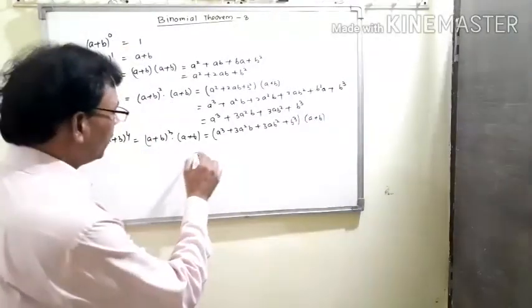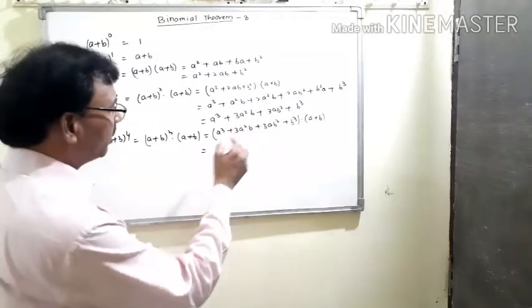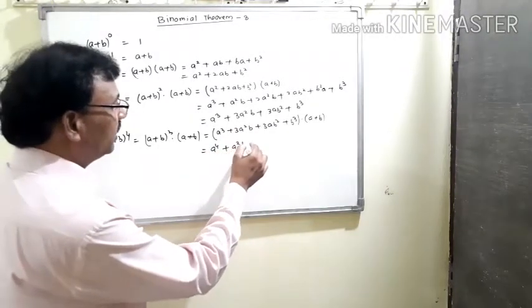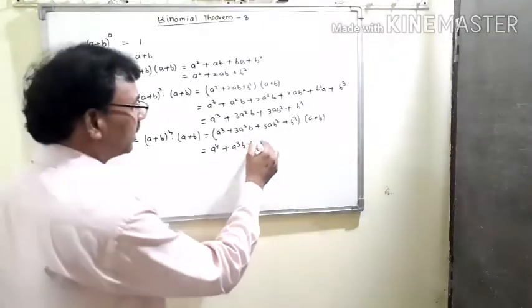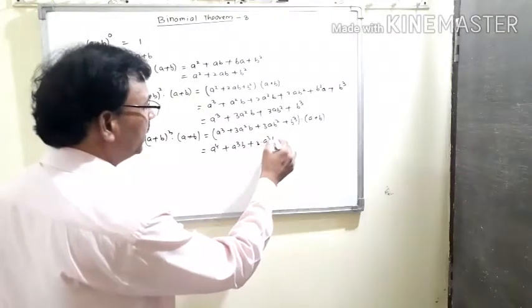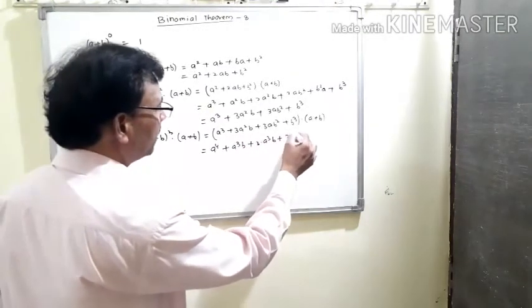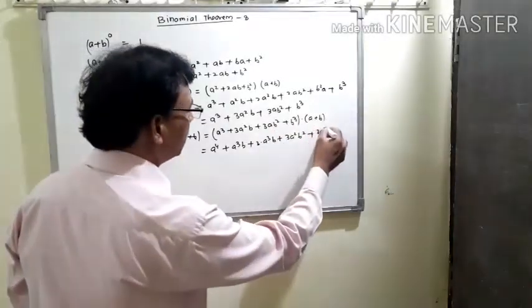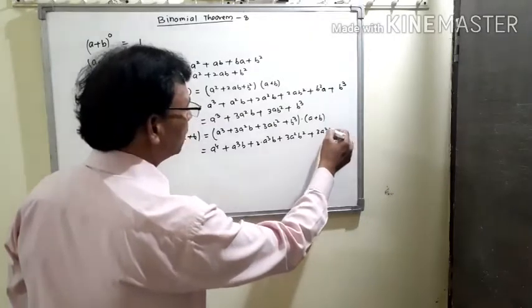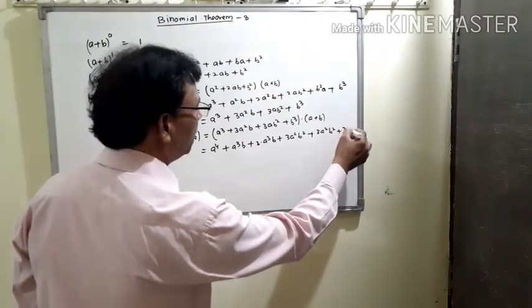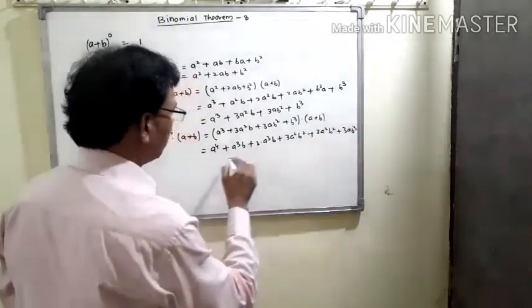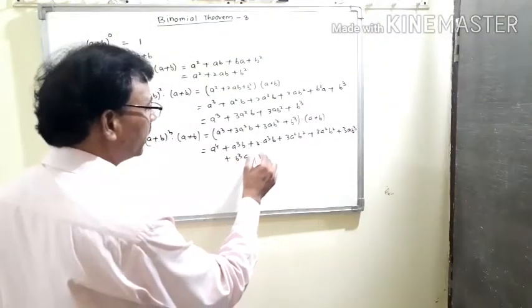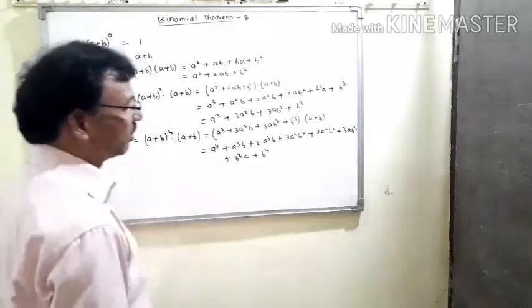Now if you multiply this, then this will be a raised to the power 4 plus a cube b plus 3a cube b plus 3a square b square plus 3a square b square plus 3ab cube plus b cube a plus b raised to the power 4.